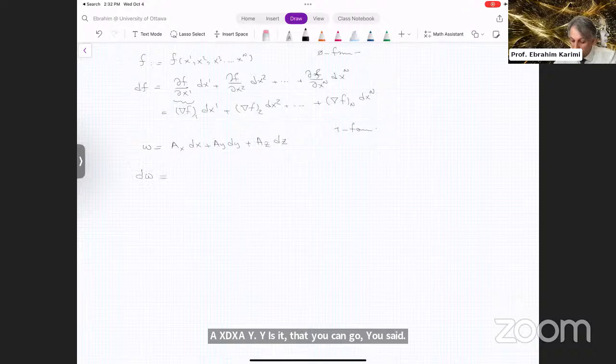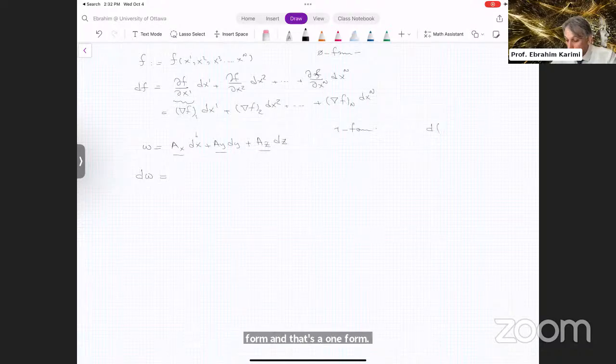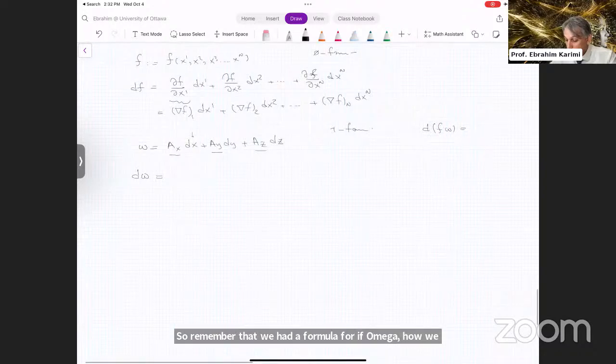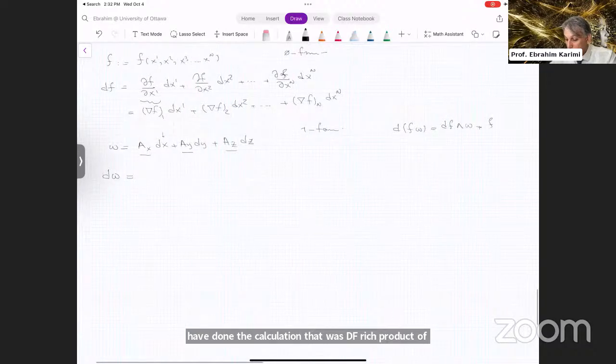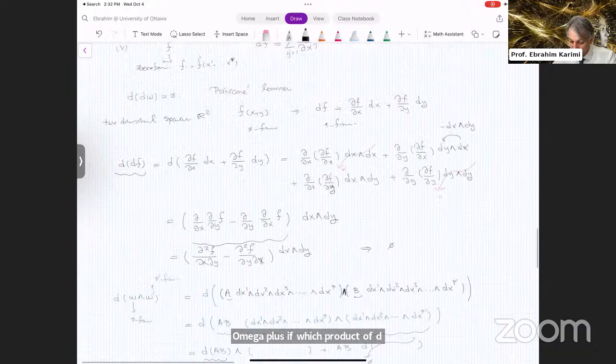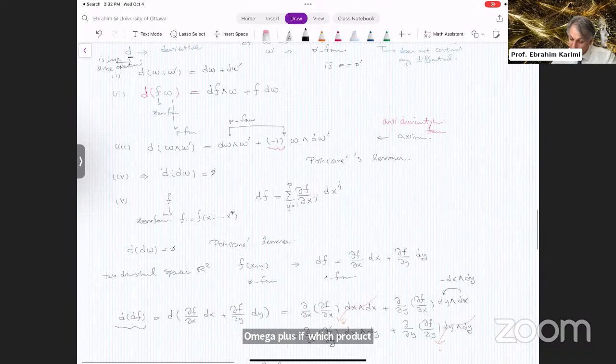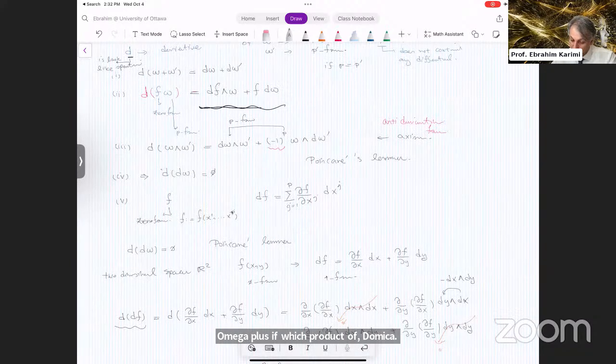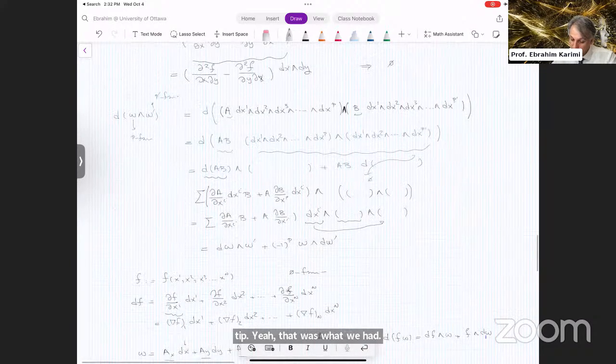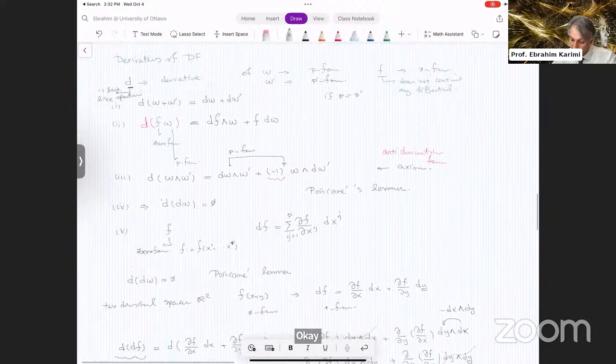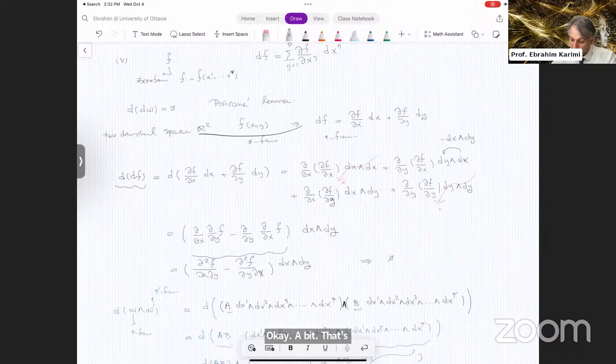This is a zero form, this is a zero form, this is a zero form, and that's a one form. Remember that we had a formula for f omega: d of f omega is df wedge omega plus f wedge d omega. That was what we added as a second term here.